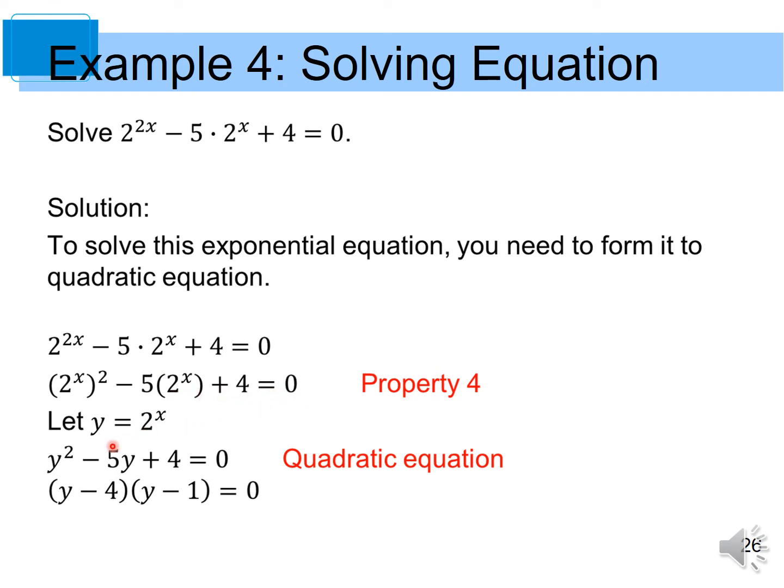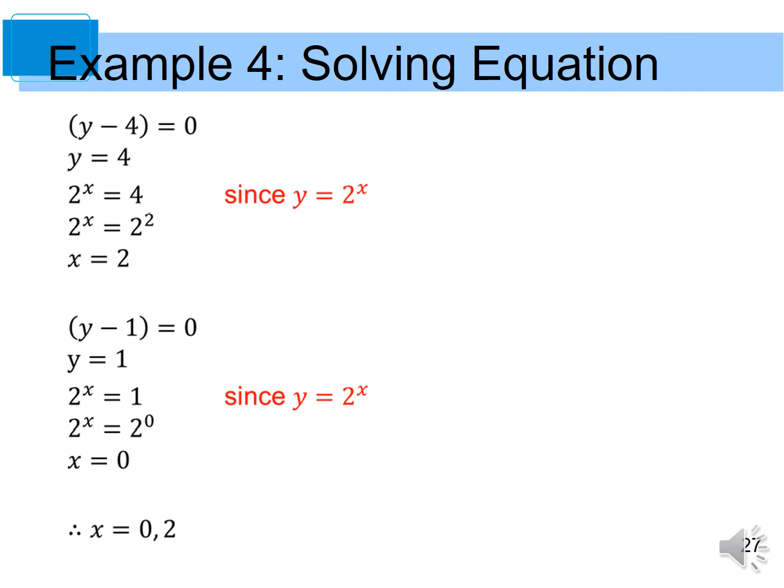And you let y equal to 2 to the power of x. So your exponential equation can be written as a quadratic equation: y squared minus 5y plus 4 equal to 0. And you solve this quadratic equation. You factorize, and then let the first factor equal to 0.